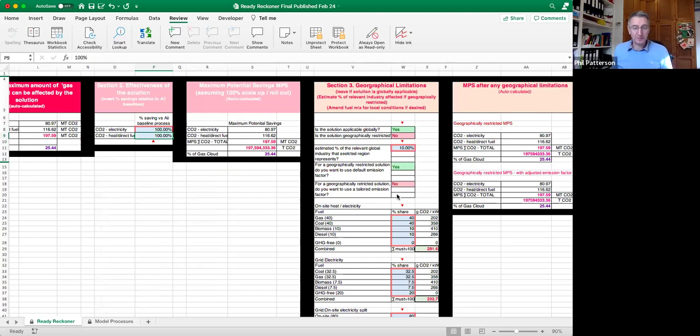But then when we get into the detail of scale, this is where it starts to become more realistic. Now, at this stage, I'm going to say that this is globally applicable. It's not in one particular place.